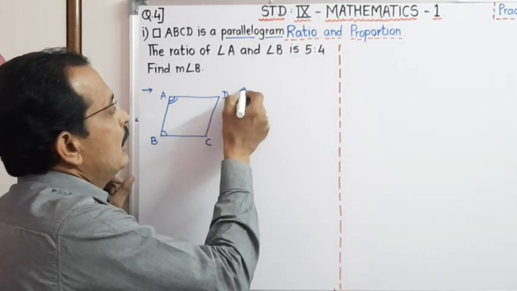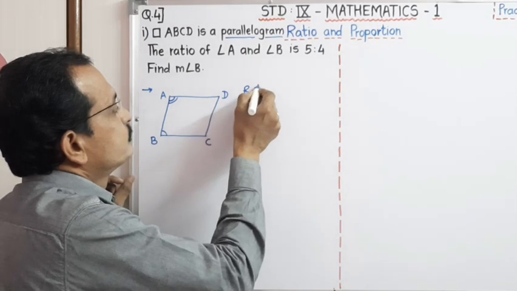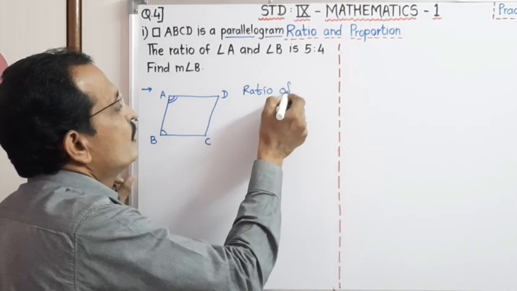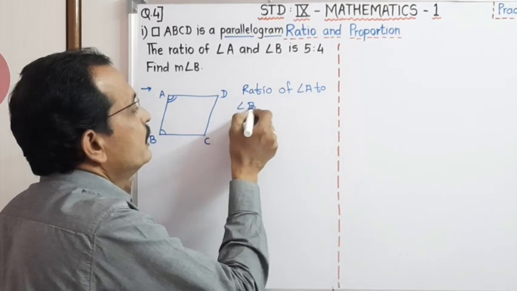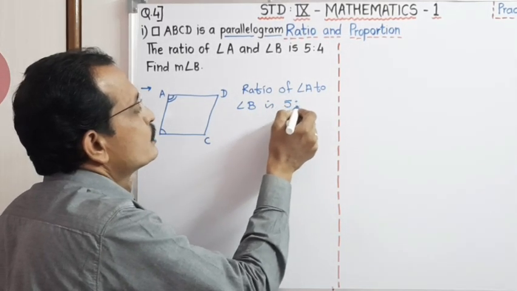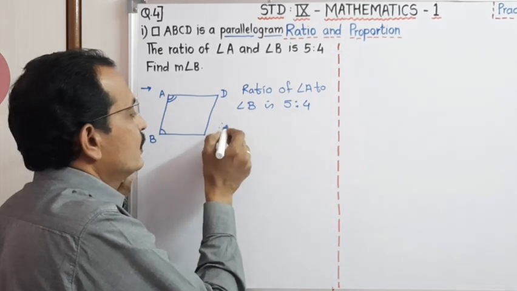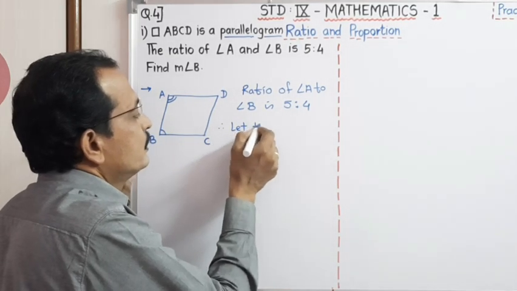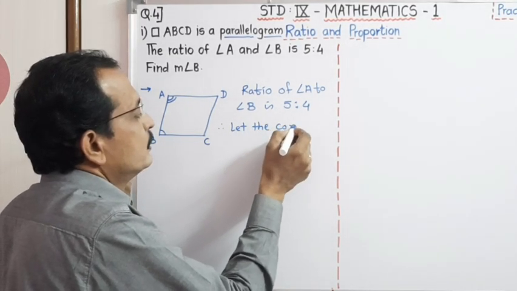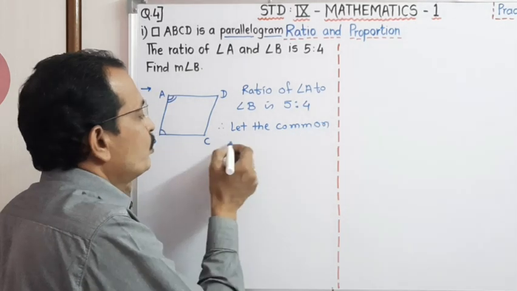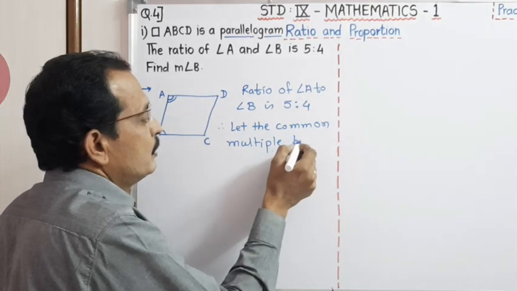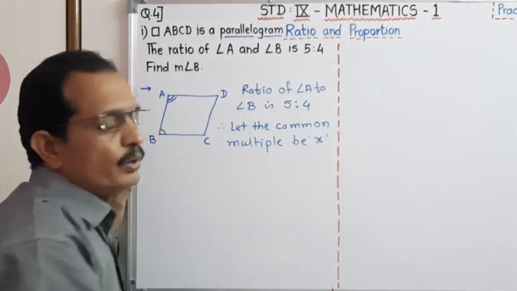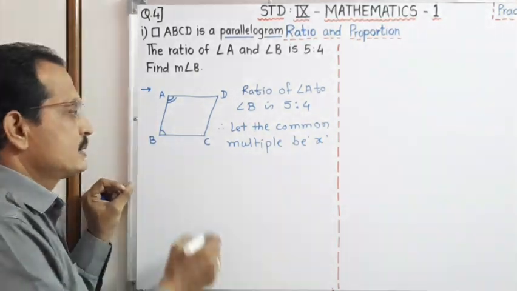See here, the ratio of angle A to angle B is 5:4. Therefore, let the common multiple be x. We have to assume the common multiple to be x.